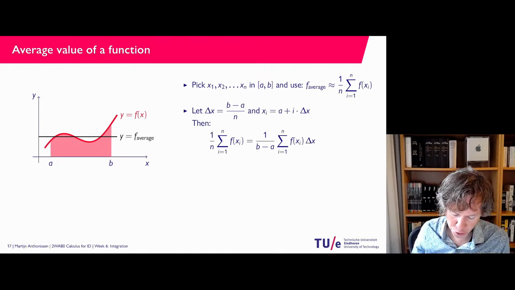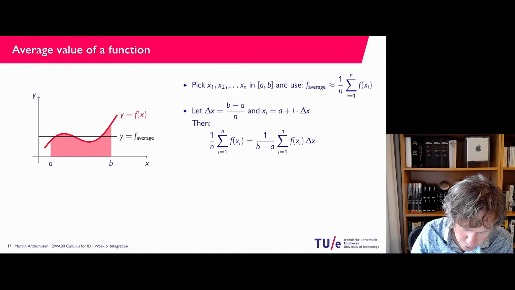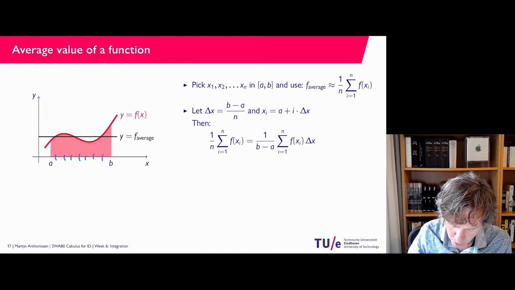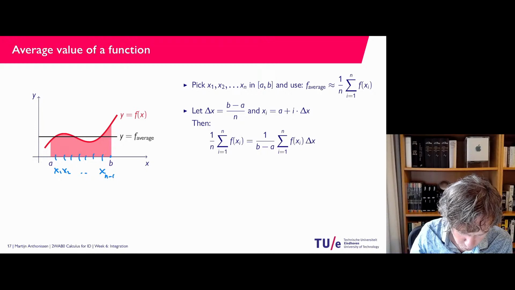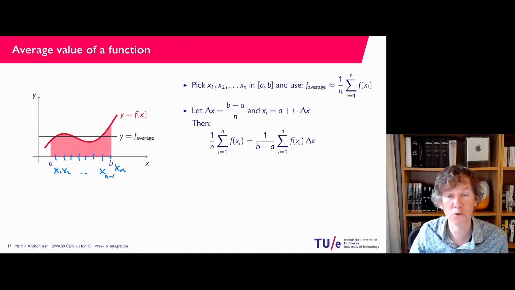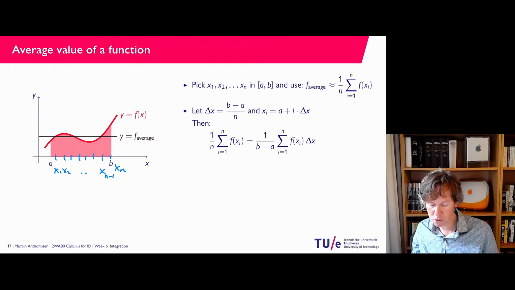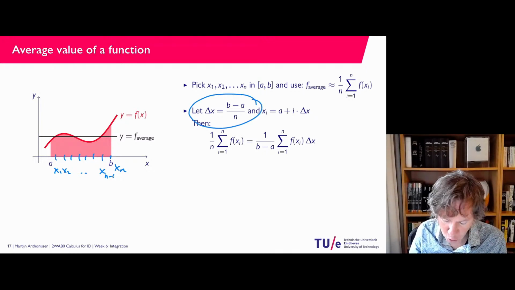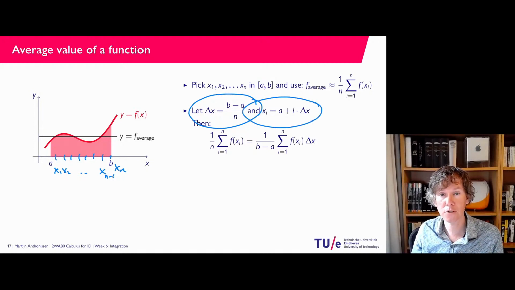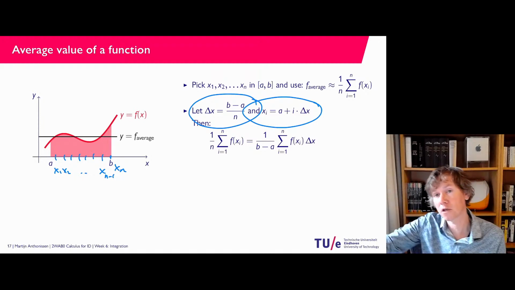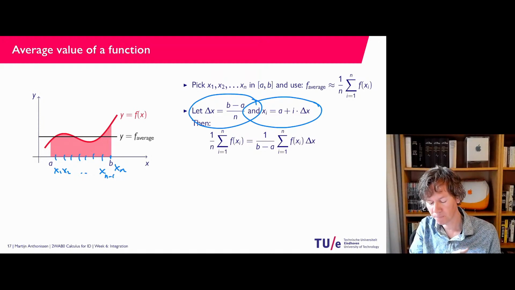So in general, what you could do is take them at the same distance. So for instance, like this. And then you could take x1, x2 up to xn minus 1, and this one is then going to be xn, so b equals xn. I'm going to take them all the same distance. The distance between two of these points is called delta x, and the points themselves are a plus i times delta x. i equals 0 gives a, i equals n gives b, and then everything in between.